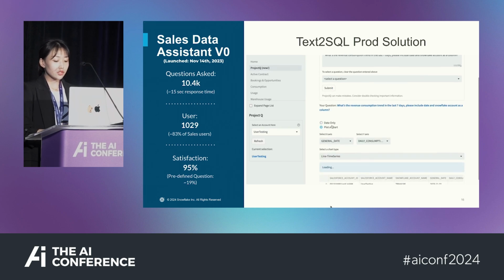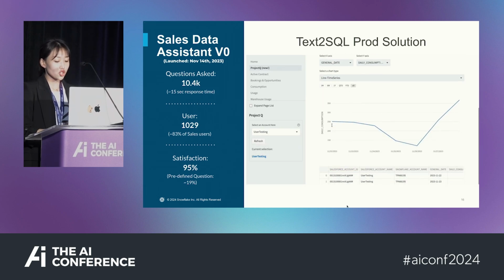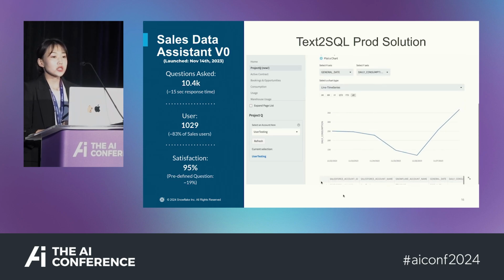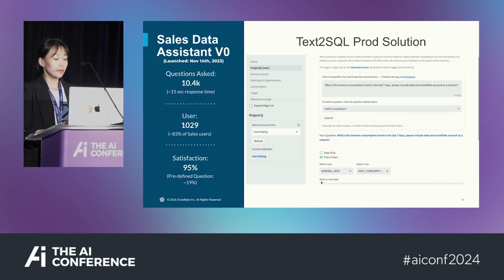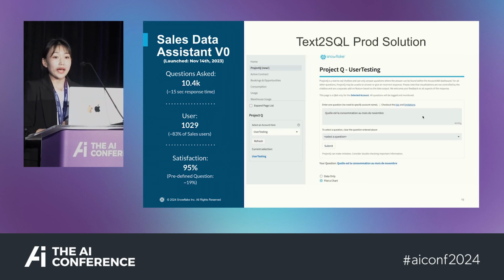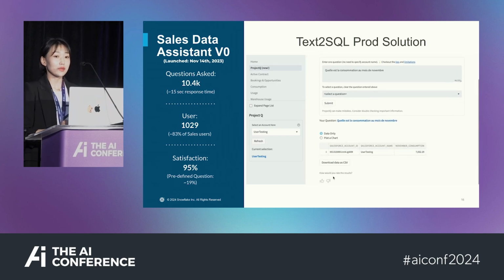After we get the results, we can make some charts based on what kind of data we have. These applications have been super popular among our sales team, and we've received a lot of good feedback, which motivates us to keep moving and improving.